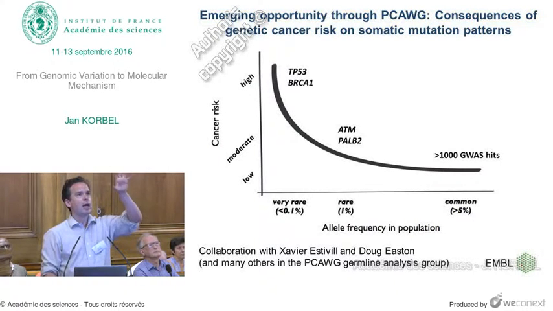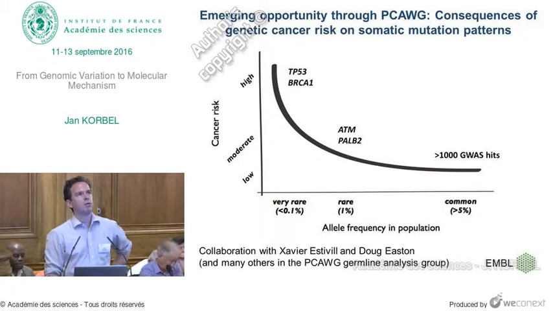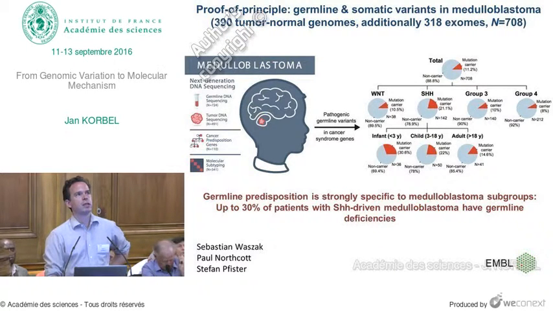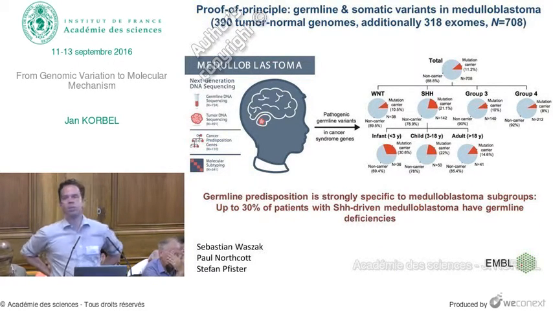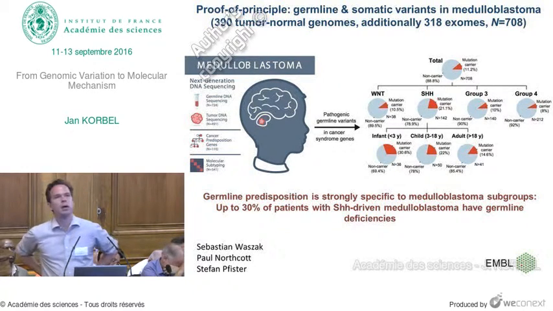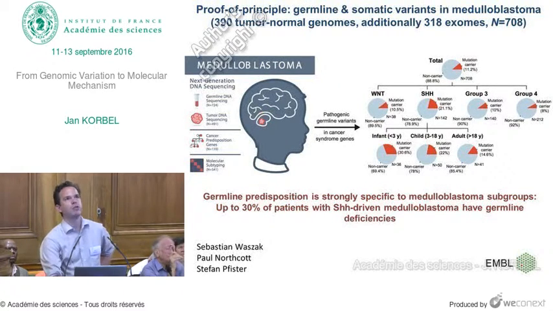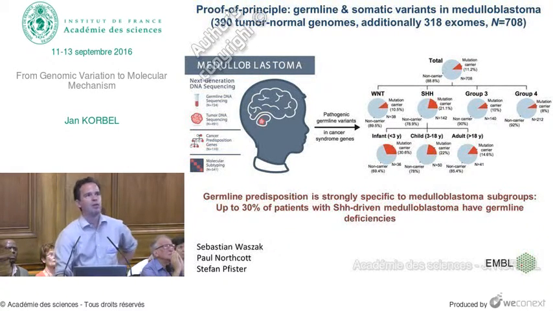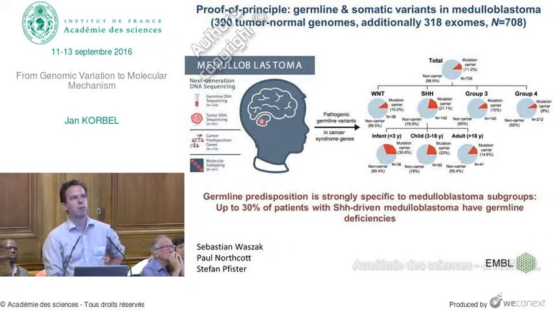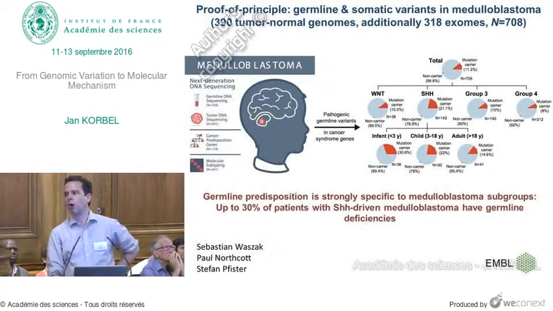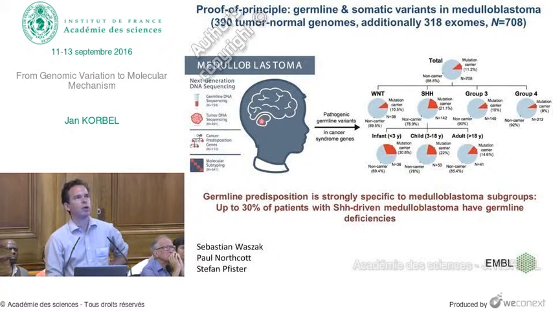And as a prelude to this, we've studied in this regard, again, medulloblastoma, the cancer we're most comfortable with, looking at over 700 patients, and we found, first of all, that germline predisposition occurs in medulloblastoma much more often than was currently anticipated.